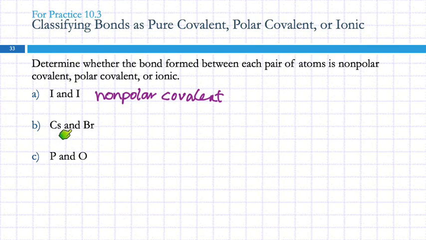How about cesium and bromine? Ionic. I love how everybody's eyes went to the periodic table, because that's where the answer is. Where's cesium? Oh, it's way over there with the metals. Metal, nonmetal, this is an ionic bond. Phosphorus and oxygen. Covalent, polar or nonpolar? Polar.